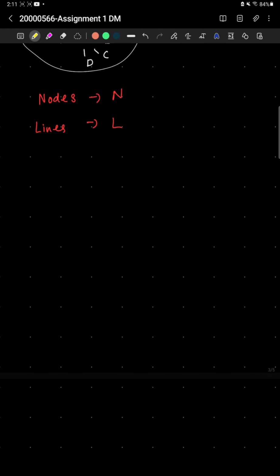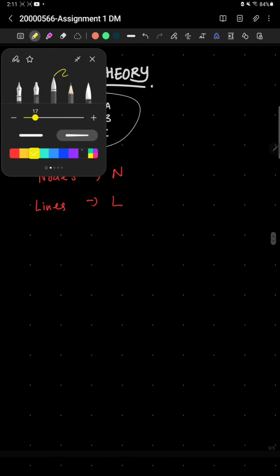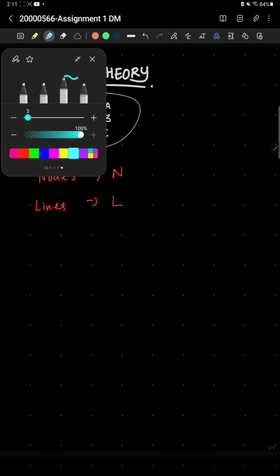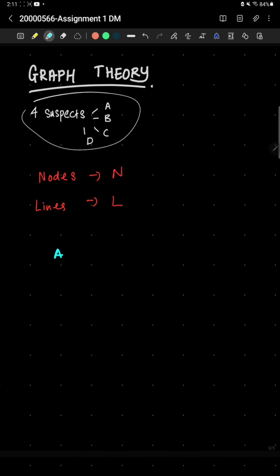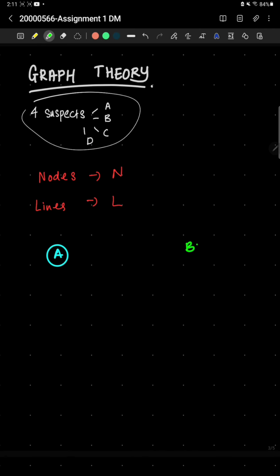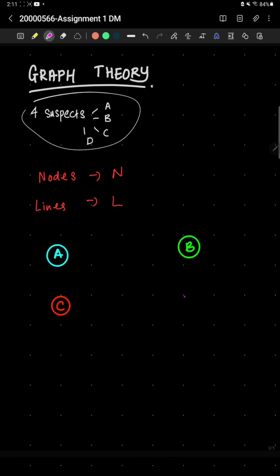So now we are going to draw the graph. First we have A, and then we have Benoit, B, with the green color, and then we have Charlie with the red color, and the last one, Dominic, with the purple color.